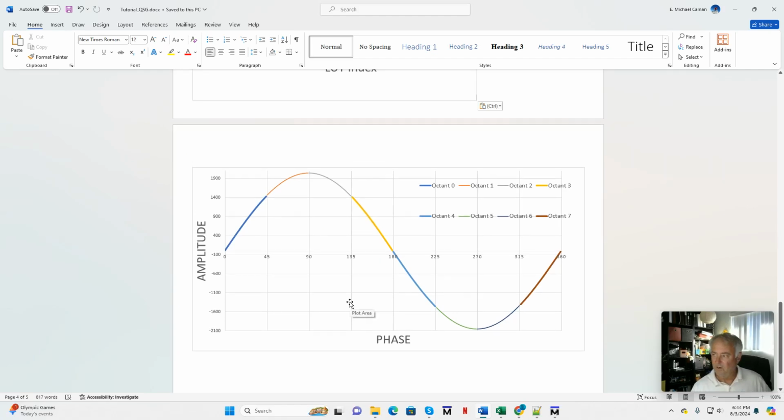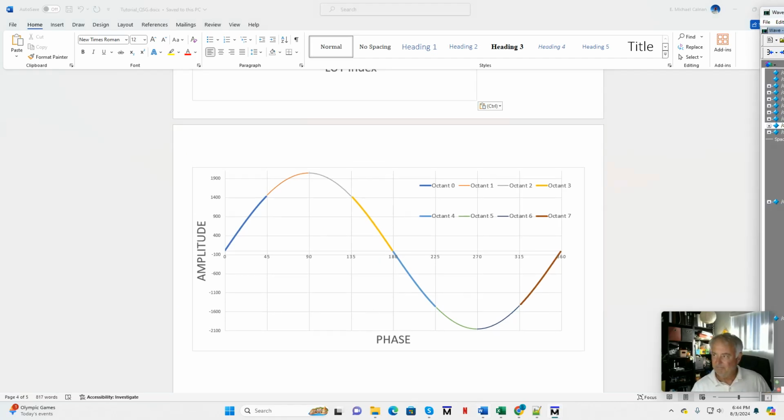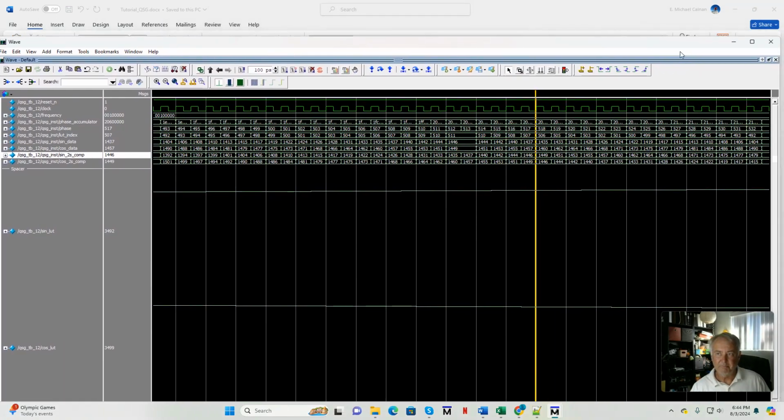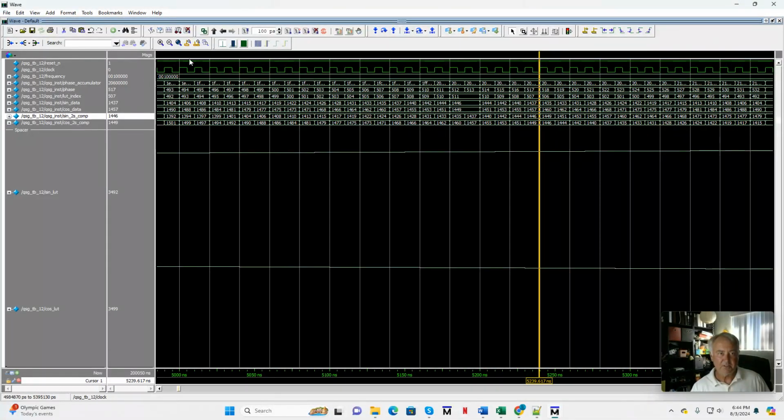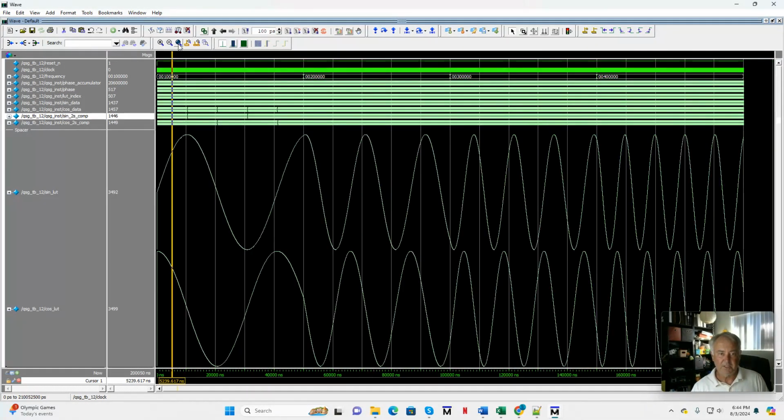All right, so this might be a little bit much to take in, but there's a simulation of this Verilog code, this implementation of a quadrature sinusoid generator in ModelSim. And I'm just going to show you what's happening at the transitions.